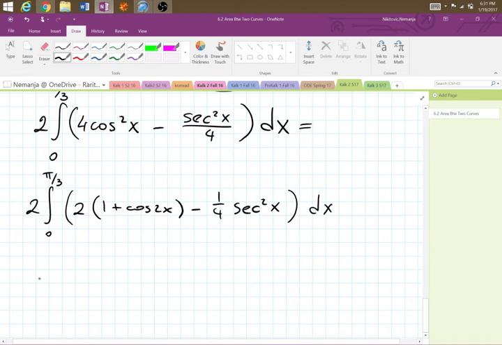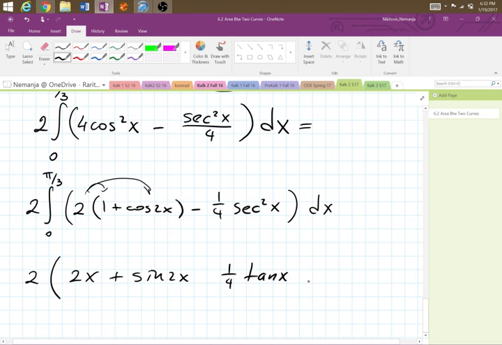So we have 2 times, and now let's go with integrals. Well, this distributes over both, right? So 2 times 1 is 2, integral of that is 2x. The integral of cosine is positive sine. Sine 2x over 2 cancels the 2, so just plus sine 2x minus 1/4 tangent x plus c.